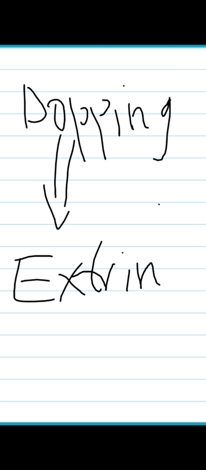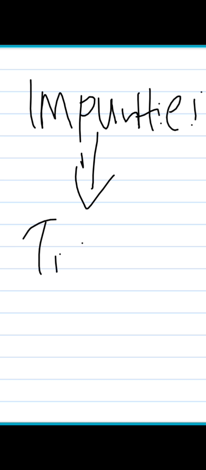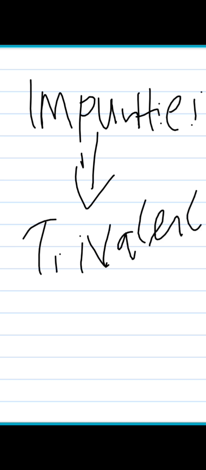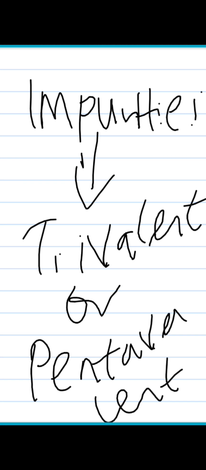When impurities are added to a pure semiconductor, you call it doping, and that semiconductor will now be called an extrinsic semiconductor, because it's no longer pure. Most times these impurities you are adding are either trivalent or pentavalent elements. Trivalent is the one in group 3, pentavalent is the one in group 5.